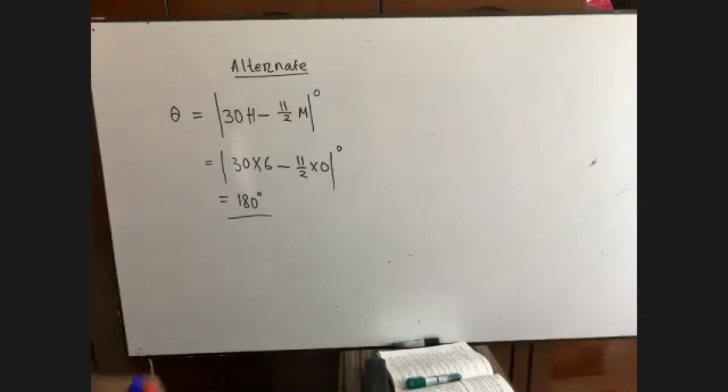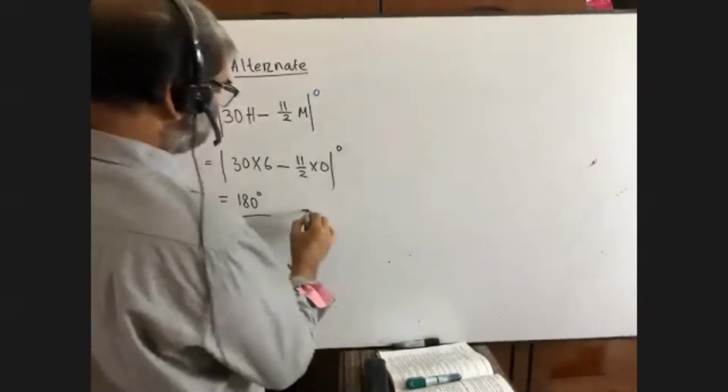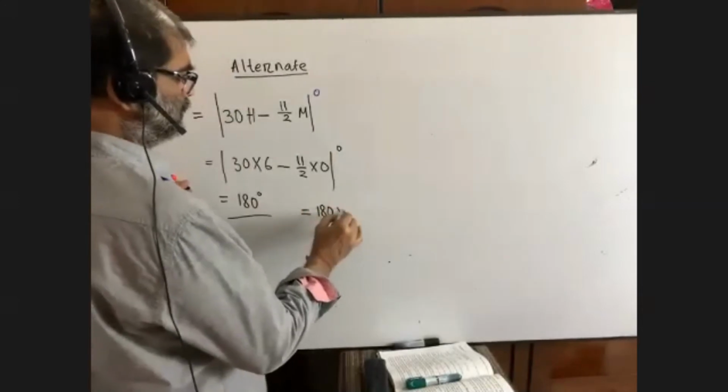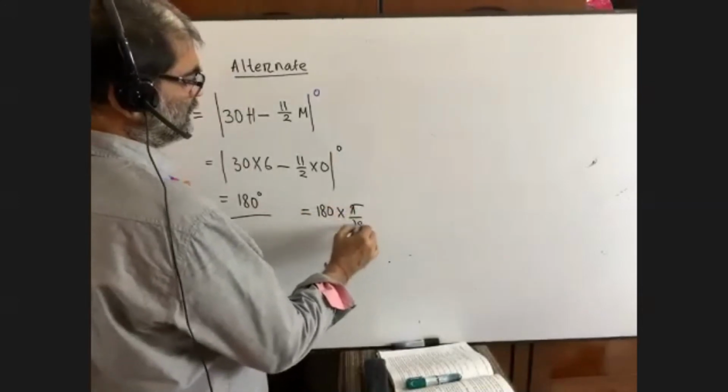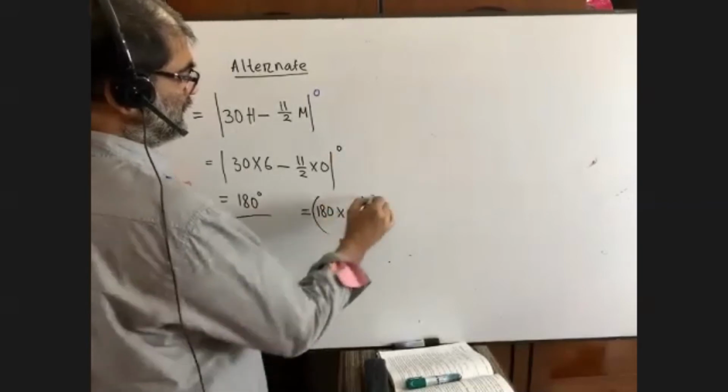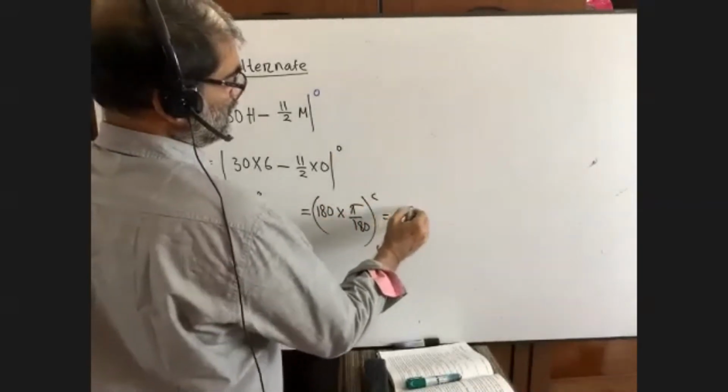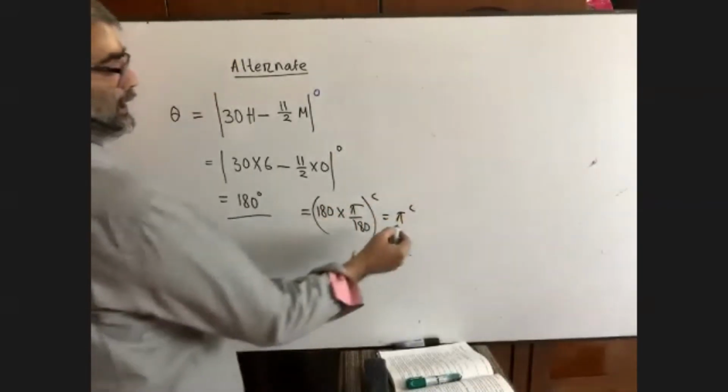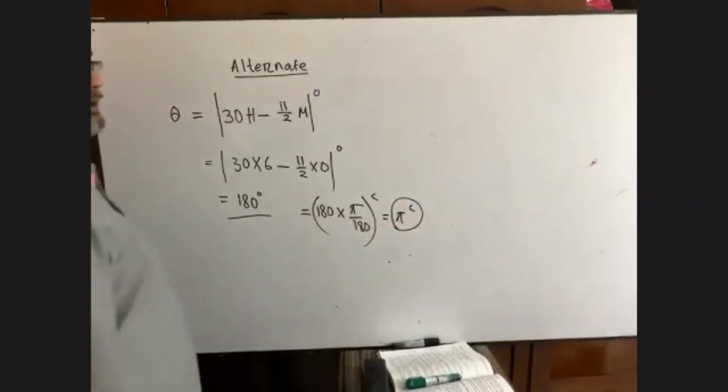Then 180 degrees equals what? 180 into pi by 180 radian. That is pi radian. It can be given in an example having pi.